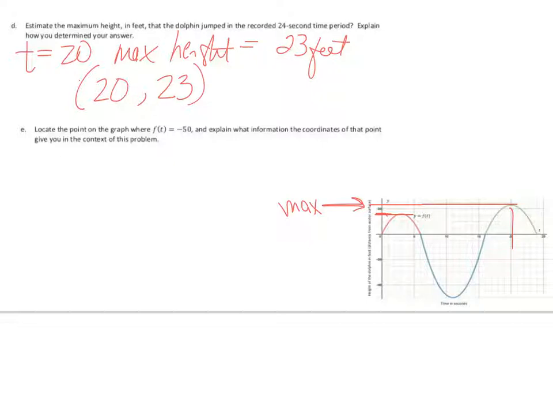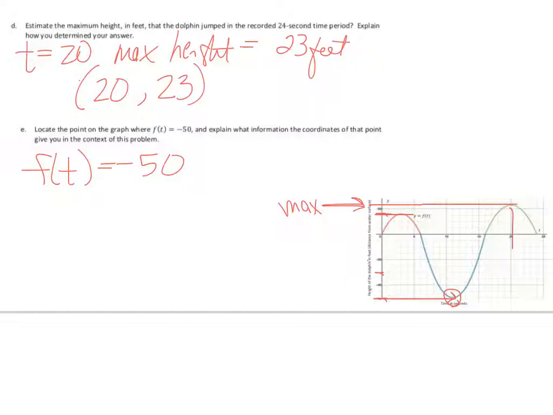Locate the point on the graph where f of t equals negative 50. Let's see, that's 20, 30, 40. It looks like 50 is right there.